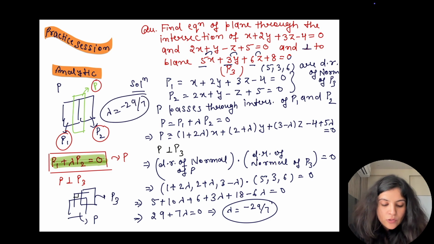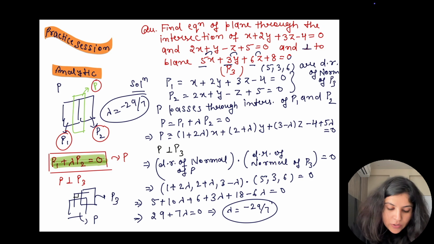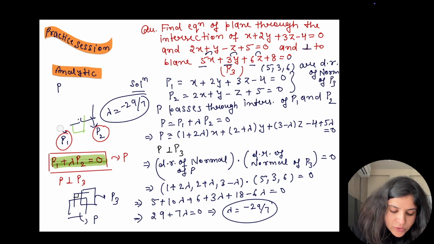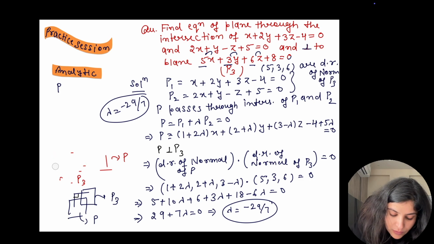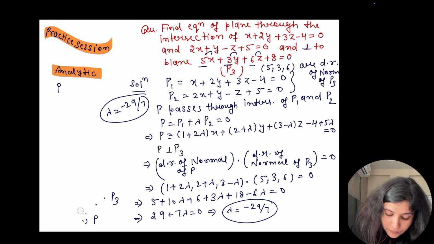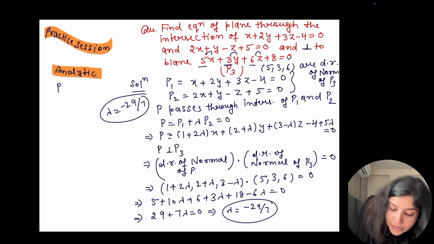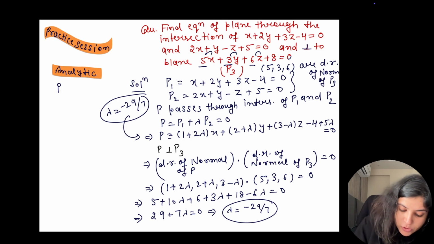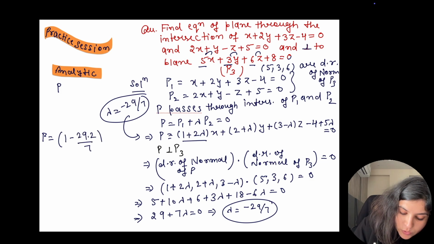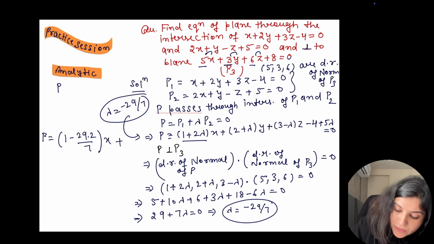Now since we have got lambda, we need to find the equation of P. So insert lambda into P. So insert lambda into this P. So my equation of P is 1 + 2 lambda, that is 1 - 29 into 2/7, times x, plus 2 + lambda, y.